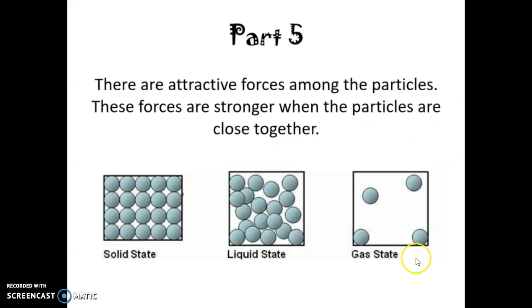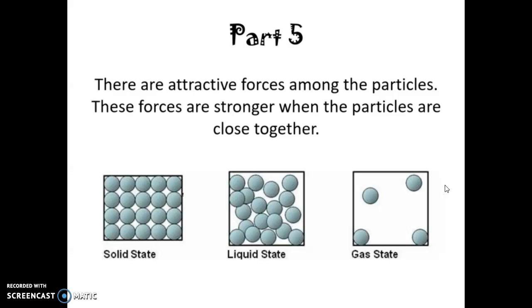When things get up into the gas state of matter, they have some attractive forces between them, but it's very weak. So now they're more like very weak magnets. They're kind of flying around the space, but they're not necessarily going to stick together too closely. It's pretty weak, but those forces are still there.